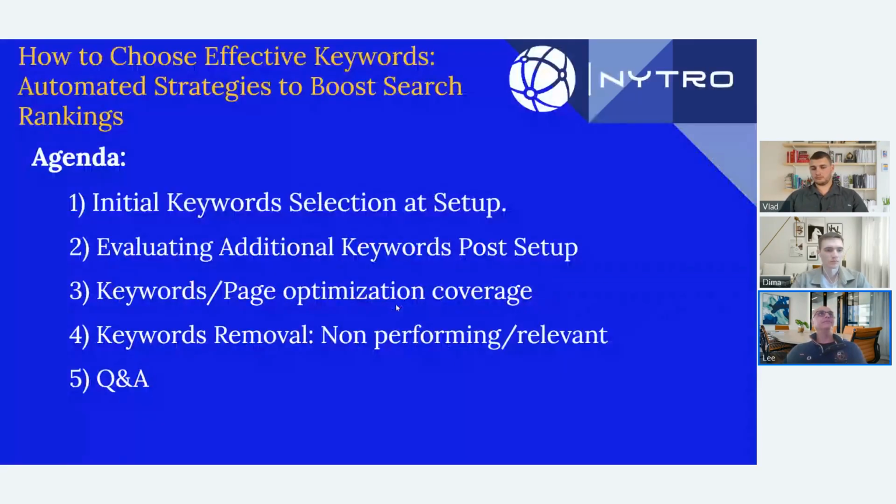So what's on the agenda today? Today we're going to focus more on keywords and how we're actually adding keywords to the system, how we're evaluating and adding additional keywords, how we check the keywords against the pages that are being optimized, and how we remove keywords that we added that we no longer need or want, or to optimize our plan better.